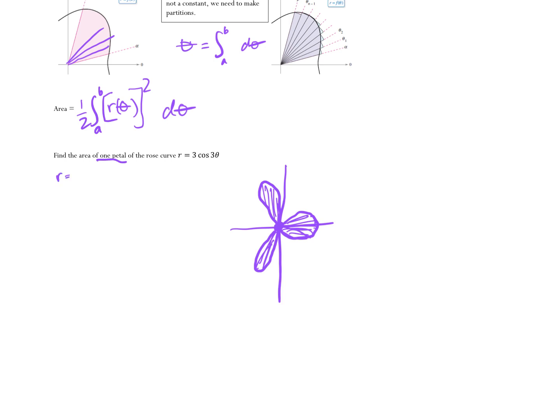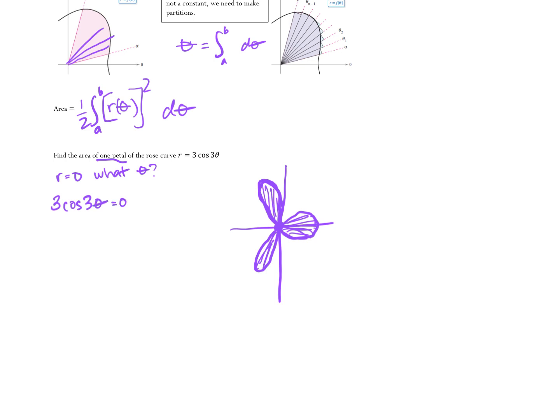Well, to get one petal, the petals start with a radius of 0, then they go out, and then they come back to a radius of 0. So essentially, we want to find for what values of theta make this radius 0. Okay? And so what we're going to do is 3 cosine 3 theta equals 0.